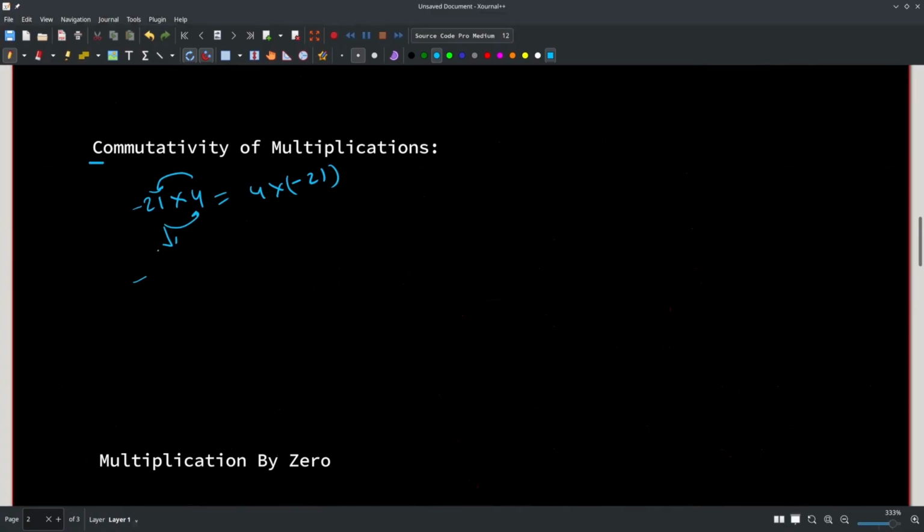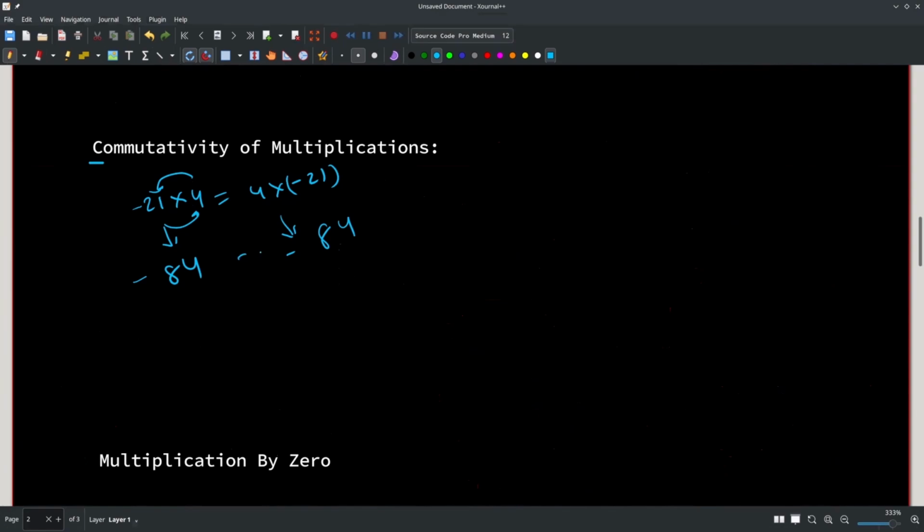Let's check here. 21 into 4. So 4 ones are 4. 4 twos are 8. Hence the answer is minus 84 because you have 1 minus and 1 plus. Similarly, you have a plus and a minus. Hence the answer is also going to be minus. 4 into 21 is also going to result in 4 ones are 4, 4 twos are 8. So 84.